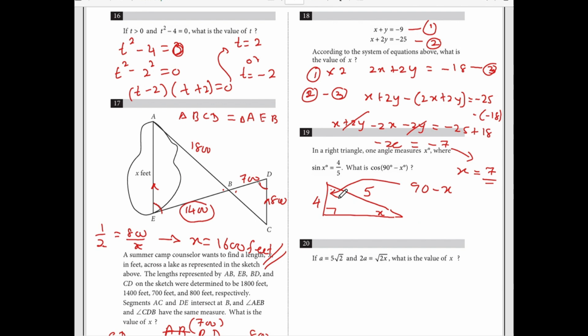Then this angle becomes 90 minus x. Then cos of 90 minus x equals 4 over 5.